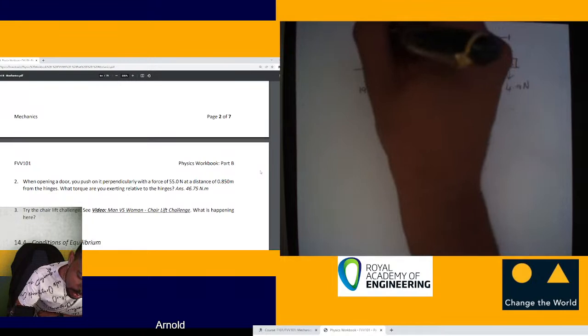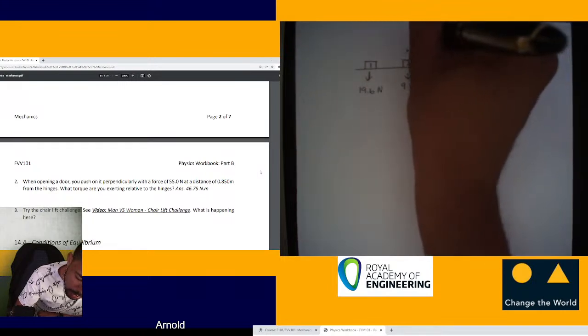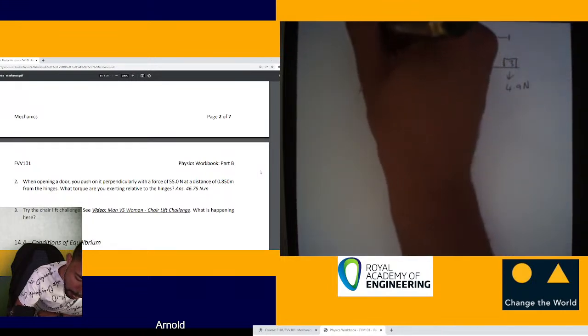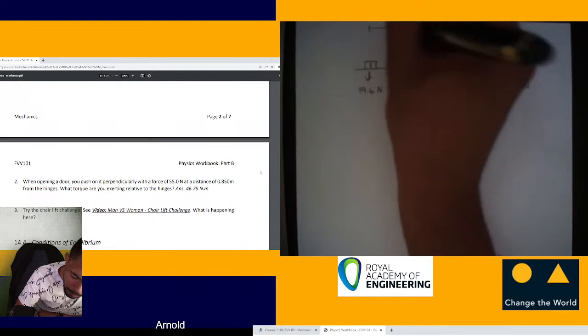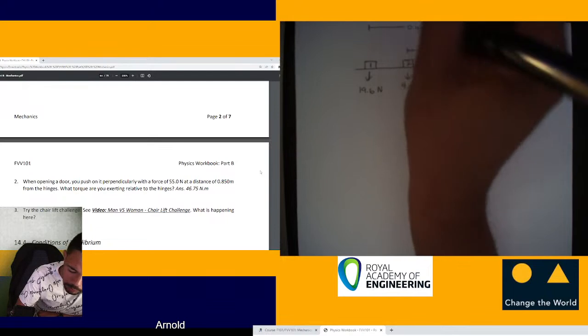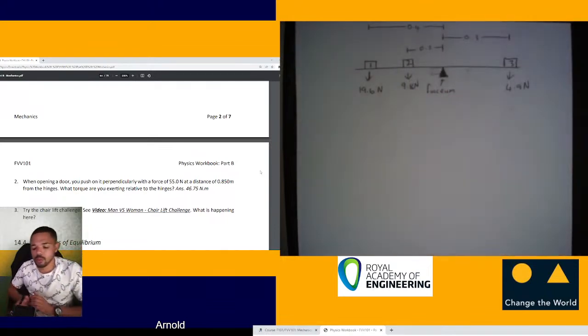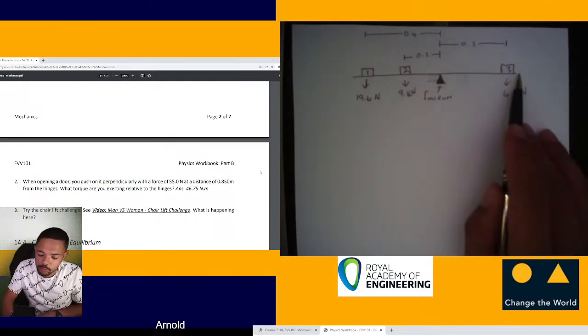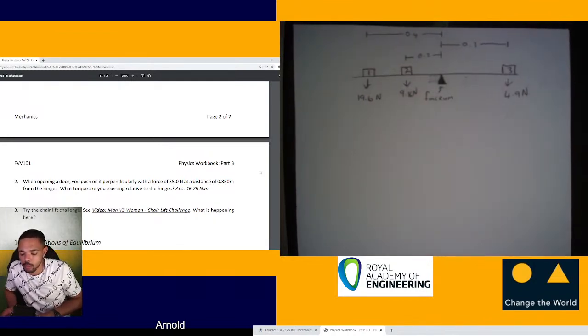And the last one is to box number 1, it is 0.4 meters. So the distance is measured from the fulcrum to where the force is acting.